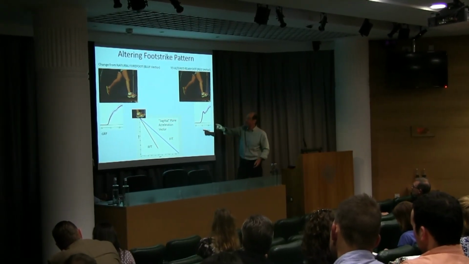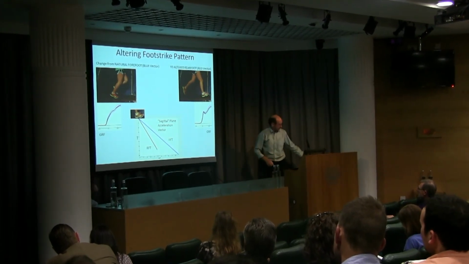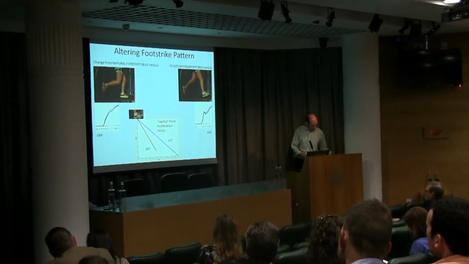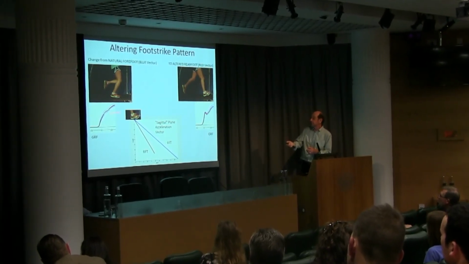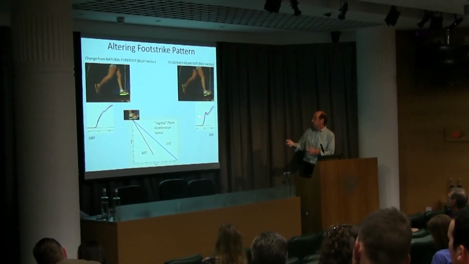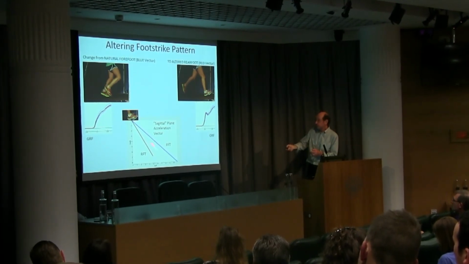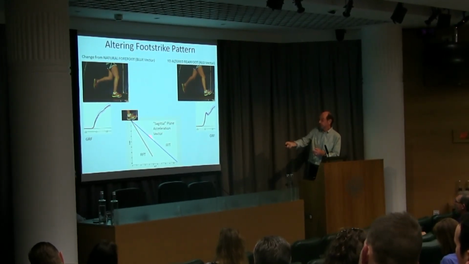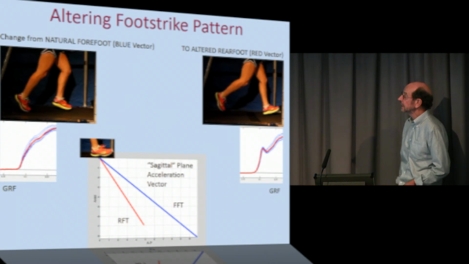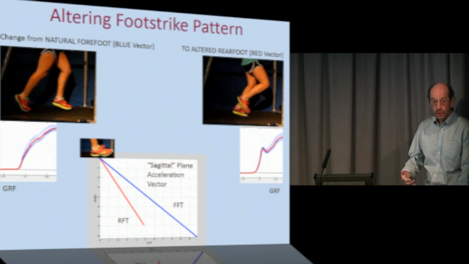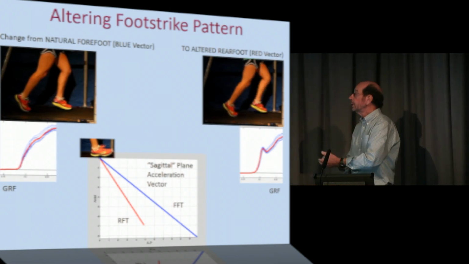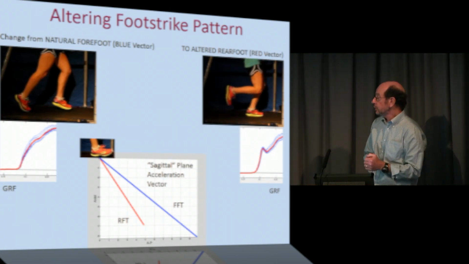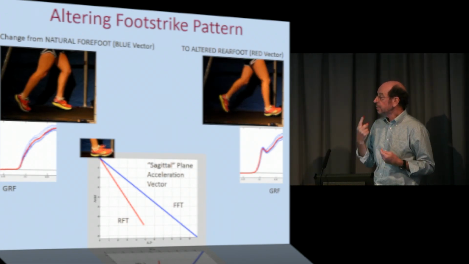So even though you're missing that first peak of ground reaction force, when you run forefoot, you've got this huge AP component which really increases significantly the shock on your tibia.